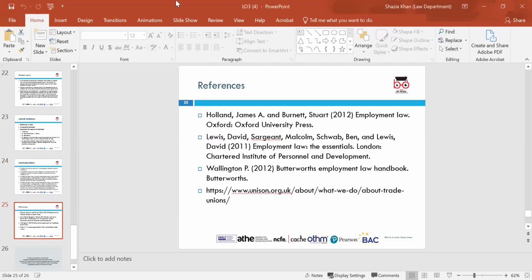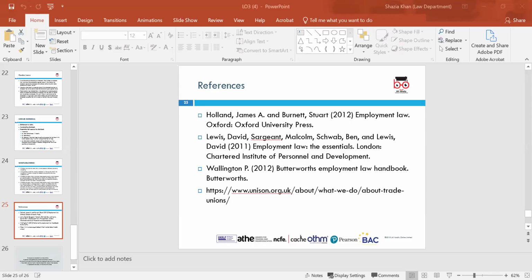So we've finished learning outcome 3 on the element of managing employment relations and employment law, which is to understand aspects of employment protection with different types of workforce. We've looked at different types of employment protection legislation, unfair dismissal legislation, arbitration, trade unions, employment tribunals and common law courts.